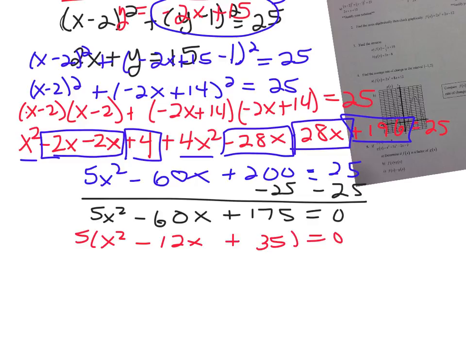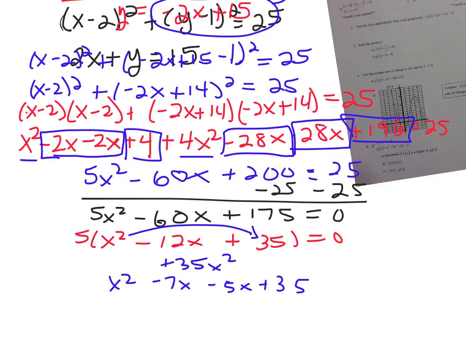And now I'm going to factor. It is factorable, so I'm going to do master product. So it's positive 35x². What multiplies to 35 and adds to -12 would be -7x and -5x. Bring down the front and the end, and then we'll factor by grouping.